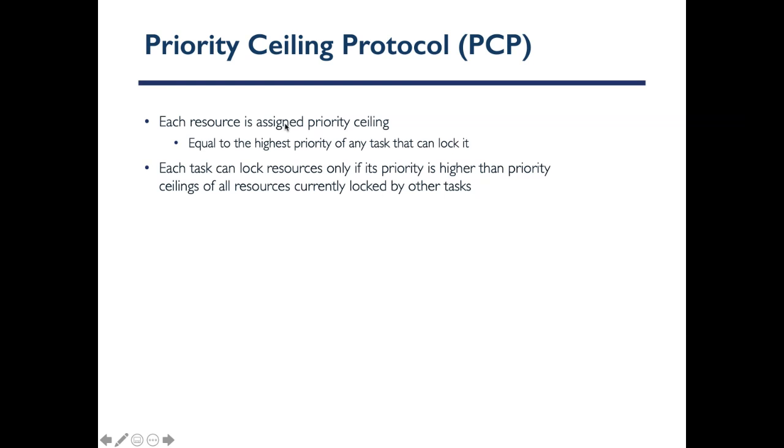Okay, so we're gonna assign a ceiling, and the ceiling of each resource is gonna be the highest priority of any task that can lock this resource. So if we know that this resource is needed by some tasks, we can look at what is the highest priority of those tasks, and then that becomes the ceiling of this resource.